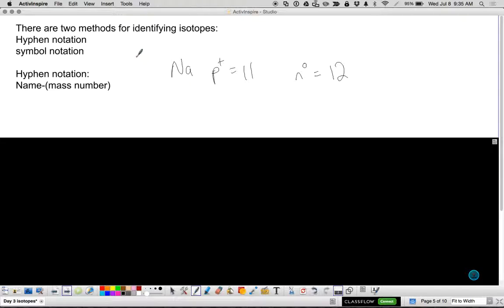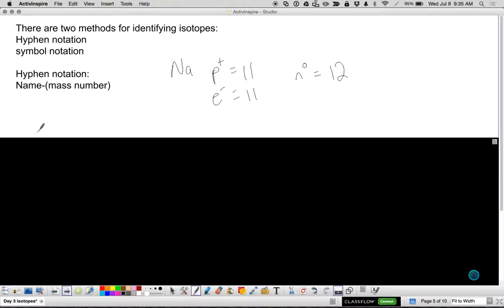Well, because this is an atom, it's an isotope, but it's an atom, the number of electrons I have is the same as the number of protons. Now this won't be the case when you have an ion, which we'll talk about later. So this is Na with 11 protons, 11 electrons, and 12 neutrons.